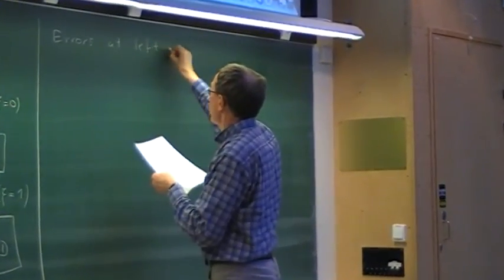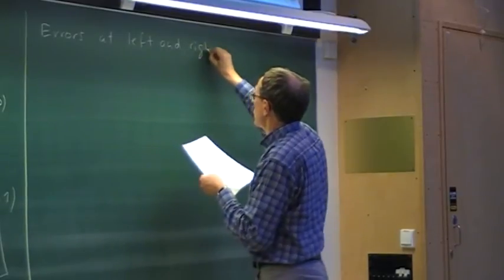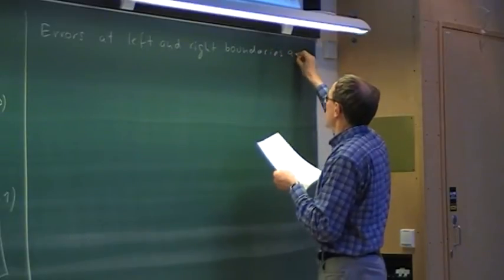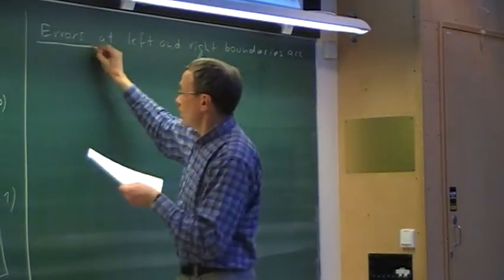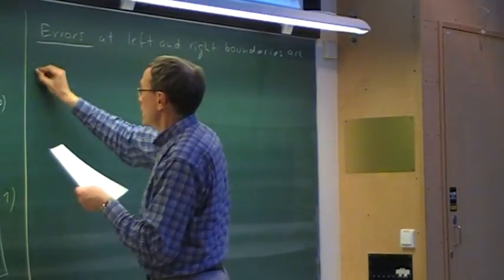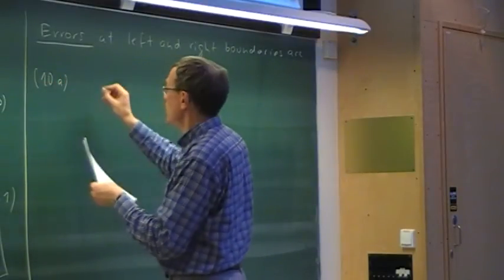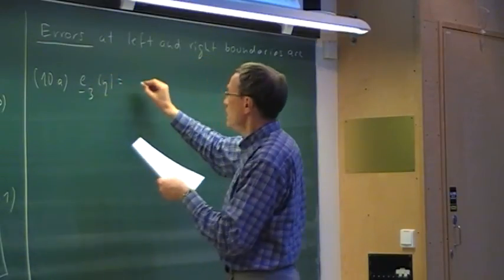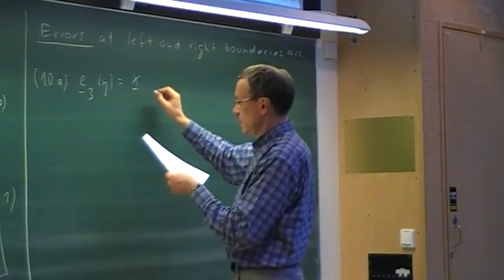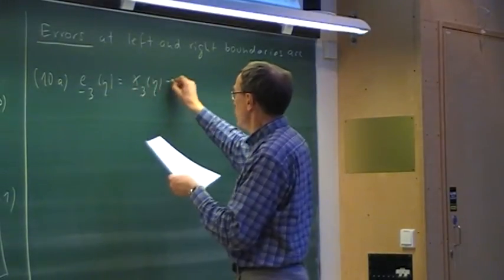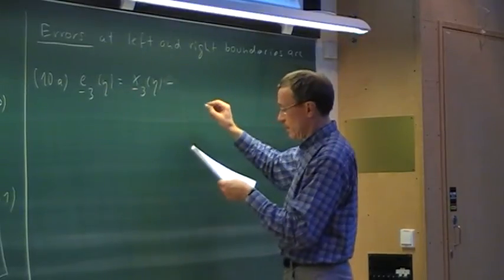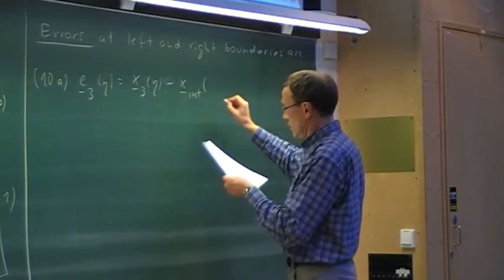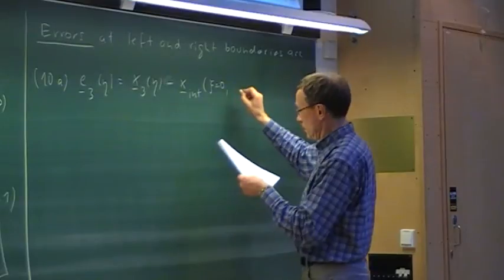First at the left boundary, we call that E3 of eta, that is the correct value x3 of eta minus the interpolated coordinates, which is the x int, what we have seen for psi equal to 0, eta.